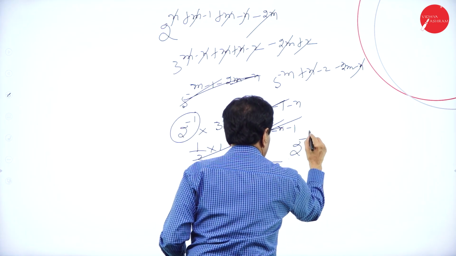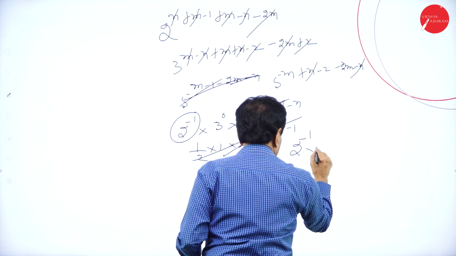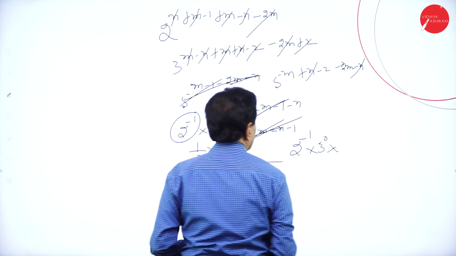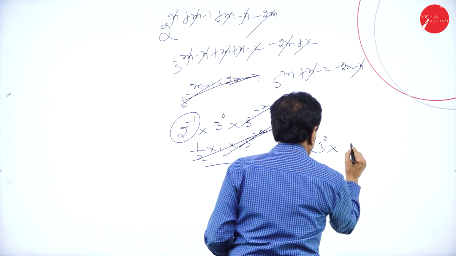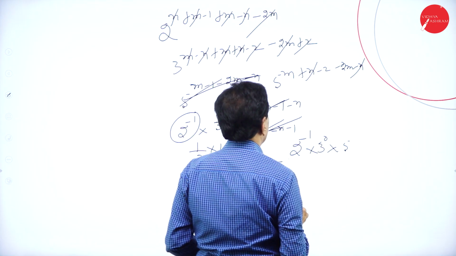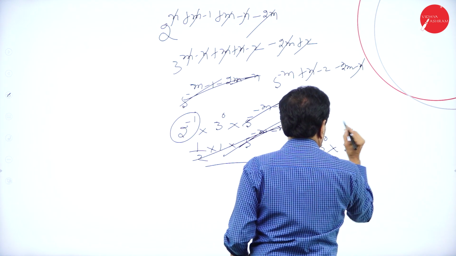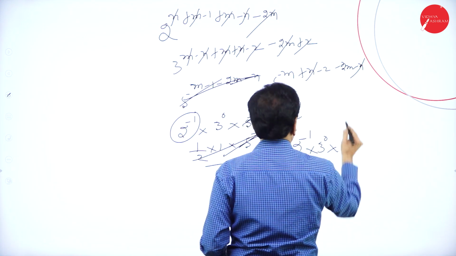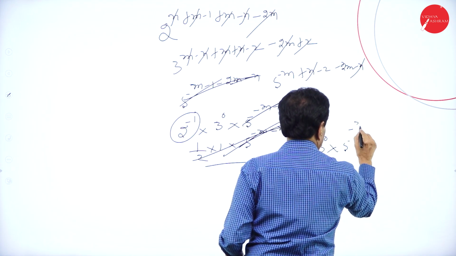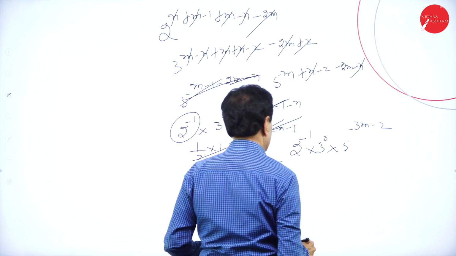This becomes 2 to the power of minus 1 into 3 to the power of 0 into 5 to the power of minus 3m minus 2.